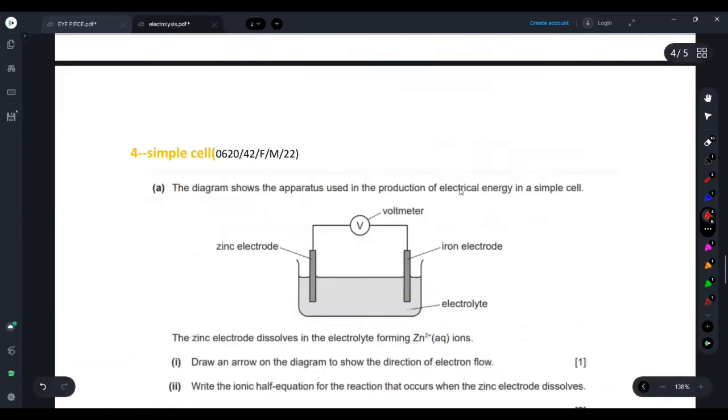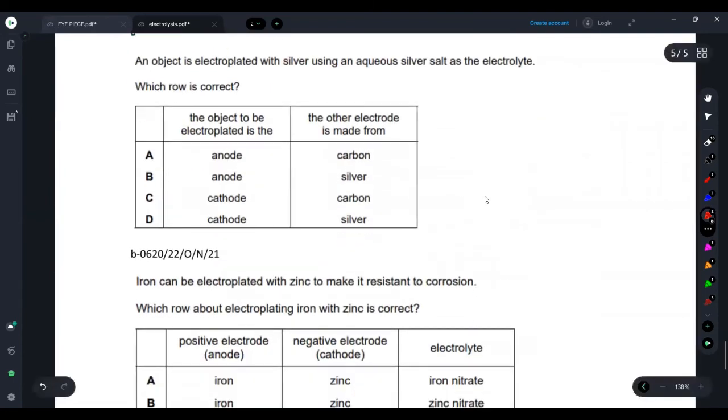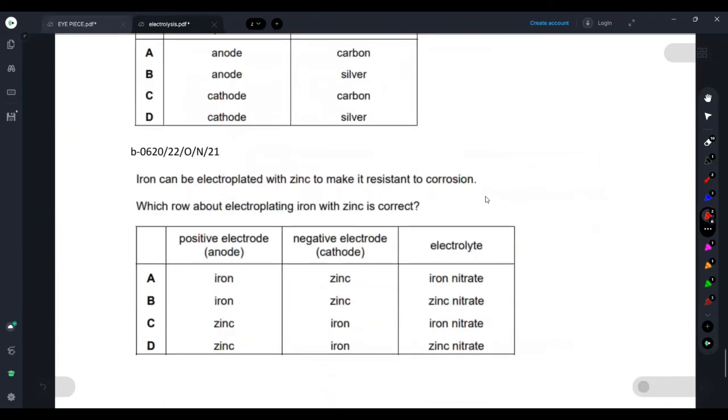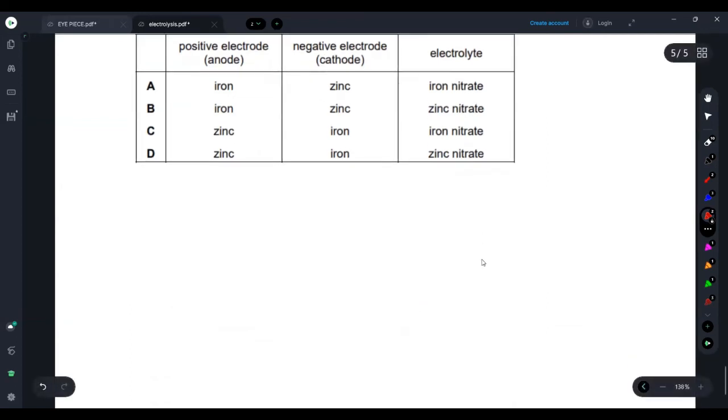The last point we have today regarding electrolysis is a very easy point, which is electroplating. What is electroplating? In some cases, we have to give some metals or materials a more attractive appearance, or protect them from corrosion, for example. We just design the cell.